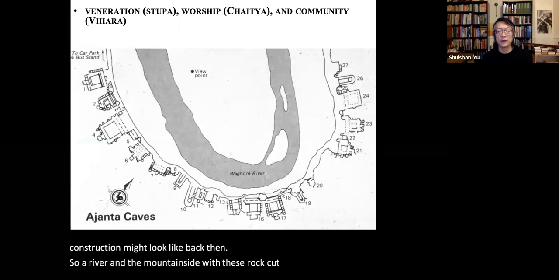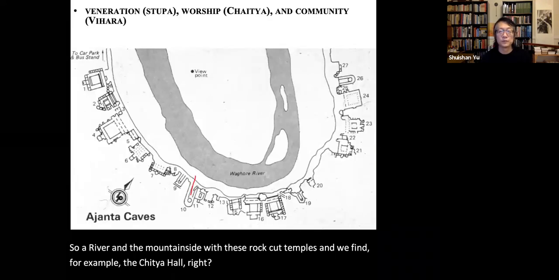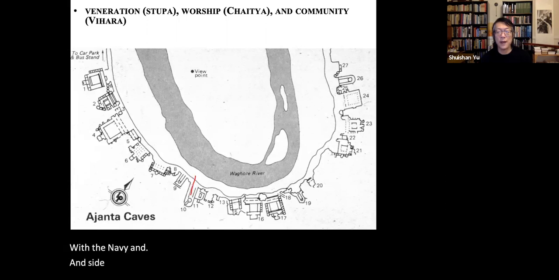And we find, for example, the Chaitia Hall, right? With the nave and side aisles and the apse here. You know, Chaitia, right? Another Chaitia.